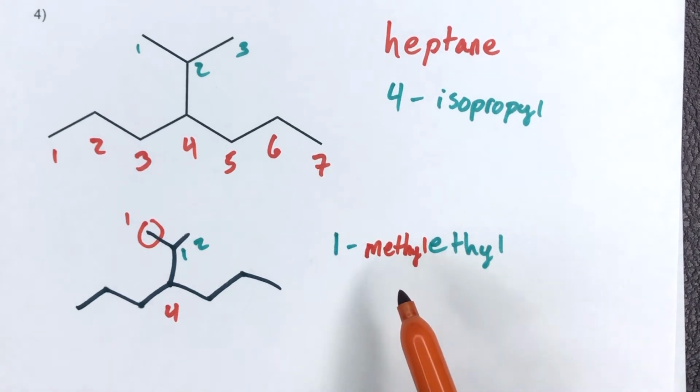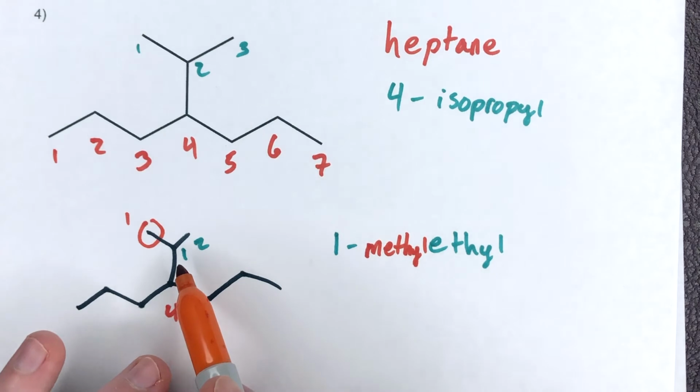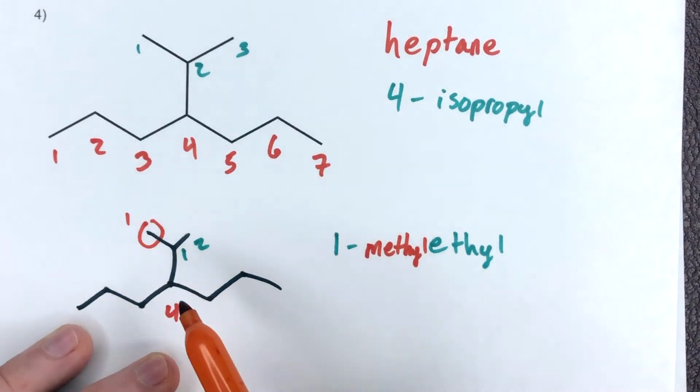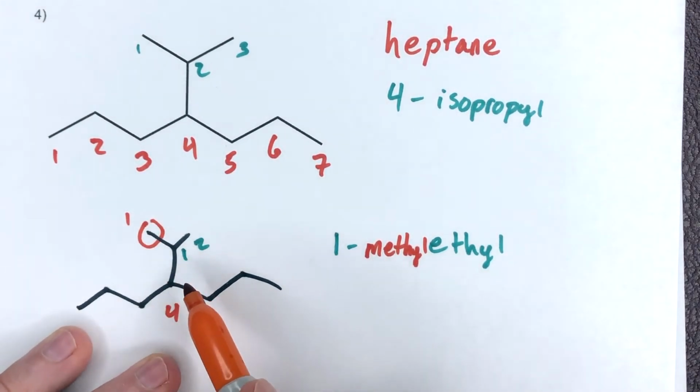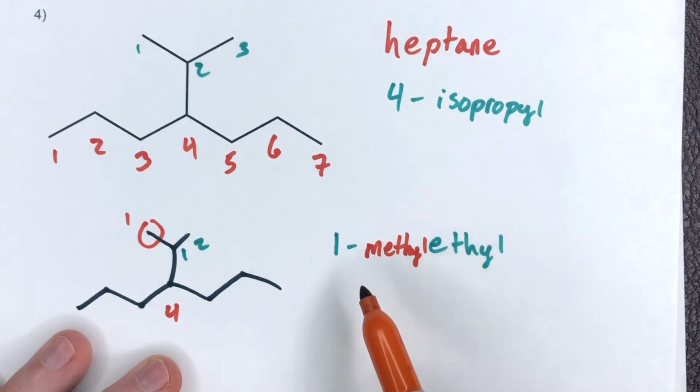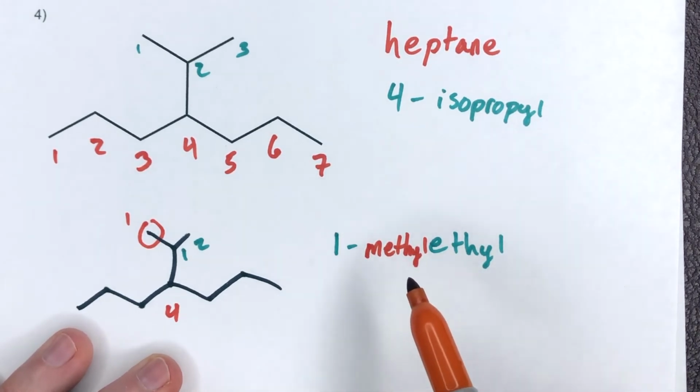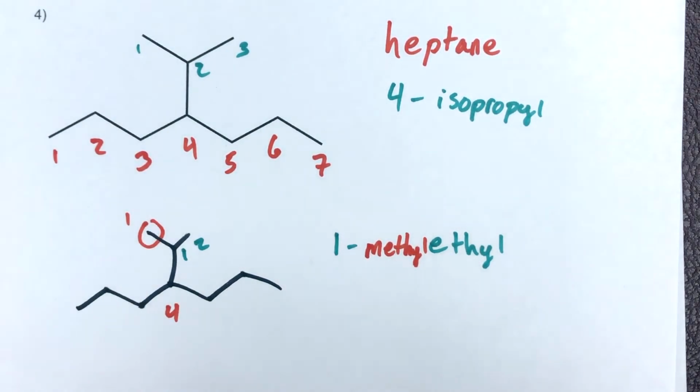So this is basically like a substituent inside of the substituent. So 1 because it's at the 1 position in this branch, methyl because there's 1 carbon and it's attached to that 1 position in the ethyl group. So then it becomes a 1-methylethyl group. That is the same as an isopropyl group.